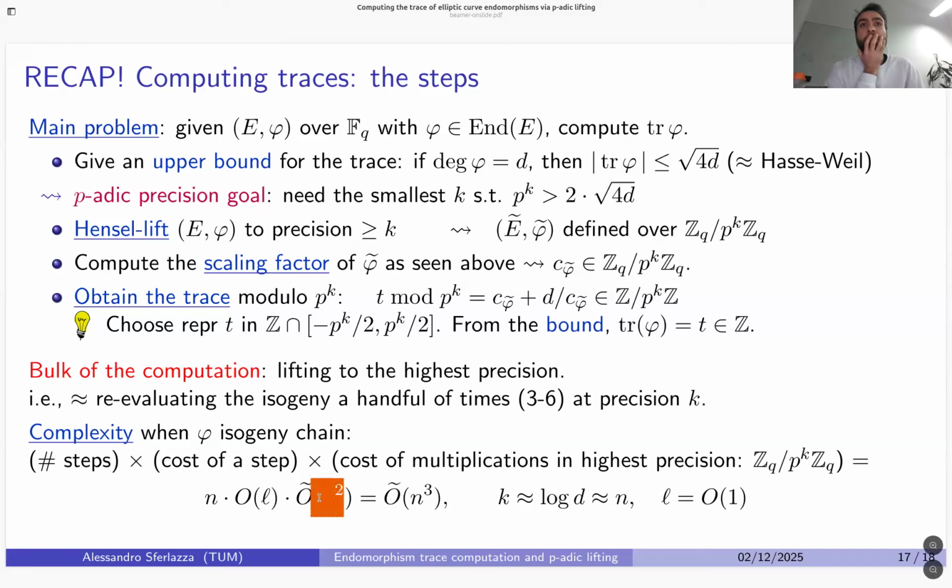So the complexity in the end ends up being the cost of arithmetic times the cost of the representation. So if the representation itself is more costly, then the trace computation will be more costly. If we can compute an isogeny through a chain, then that's the way to go. In the case where we use HD representations, they tend to be the most efficient, so they're the preferable algorithm.